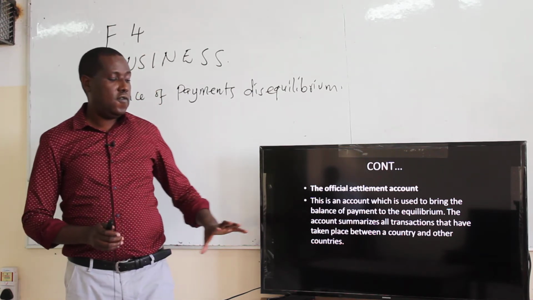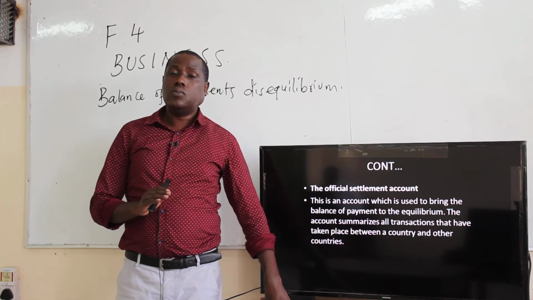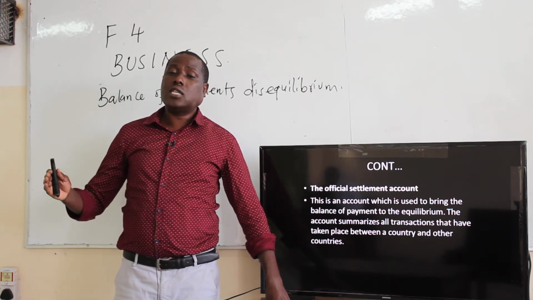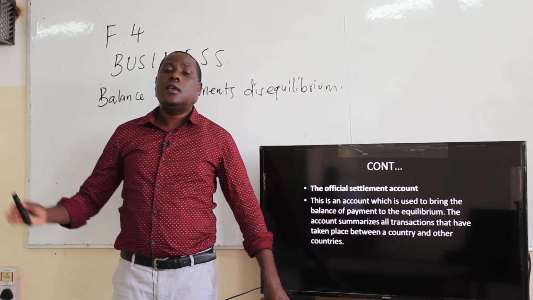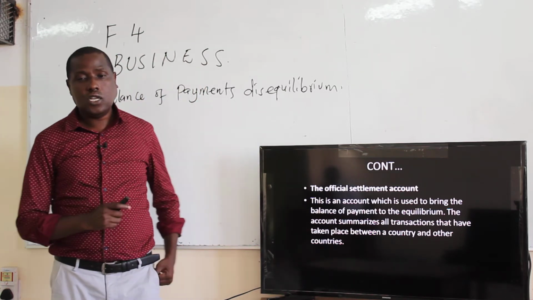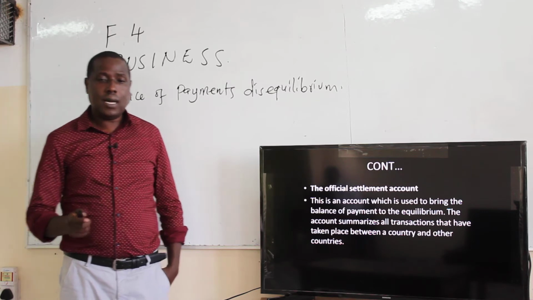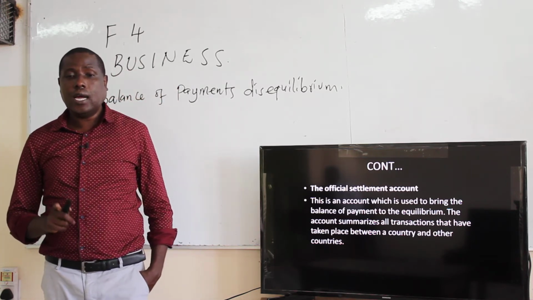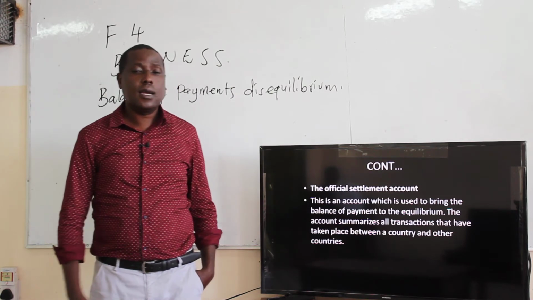Meaning, if the debit side was more, then we must find a way of balancing it out with the credit side. That is what we call the official settlement account. So the account summarizes all transactions that have taken place between a country and other countries.